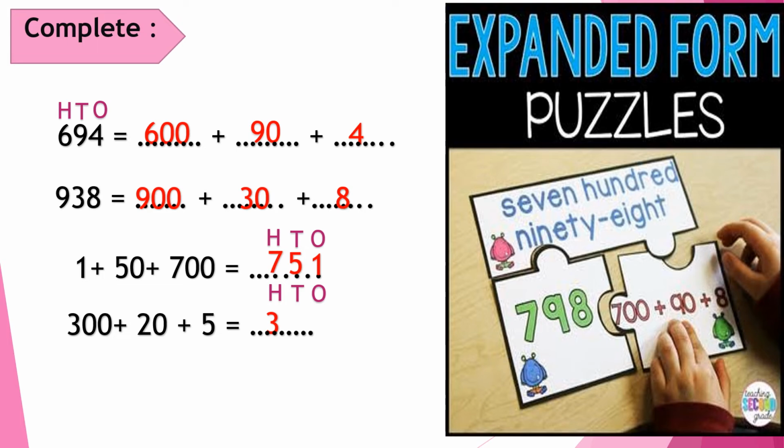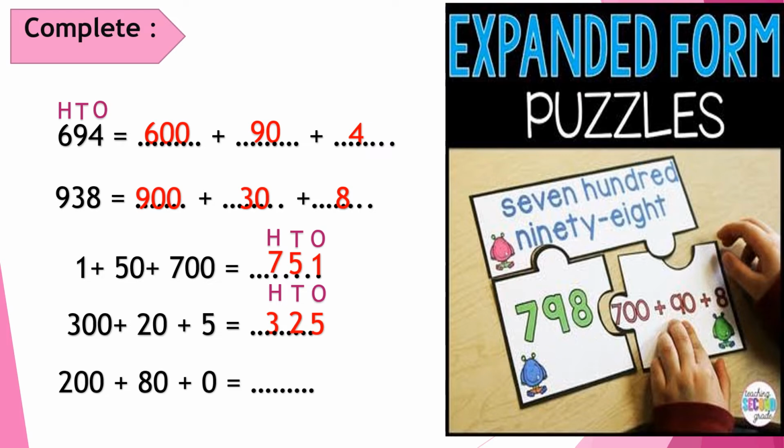So it belongs to tens. Then I will put 2 in tens without any zeros. And 5. 5 doesn't have any zeros. So it belongs to ones. Then I will put 5 in ones. Then 300 plus 20 plus 5 equals 325.